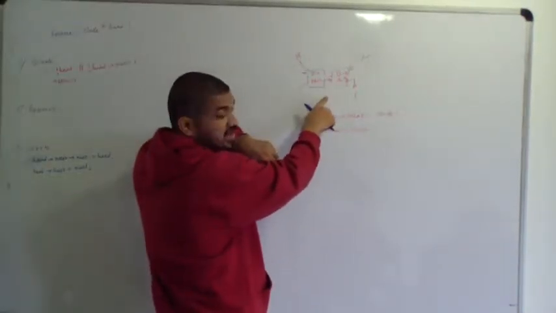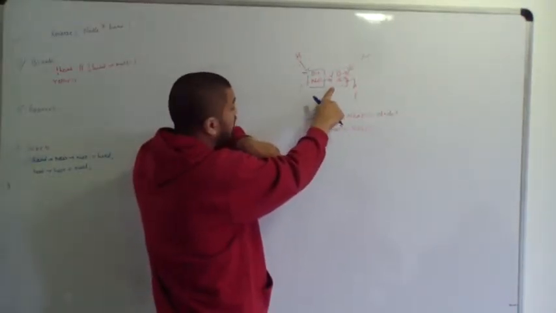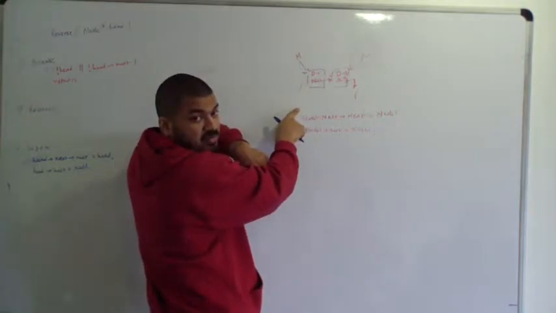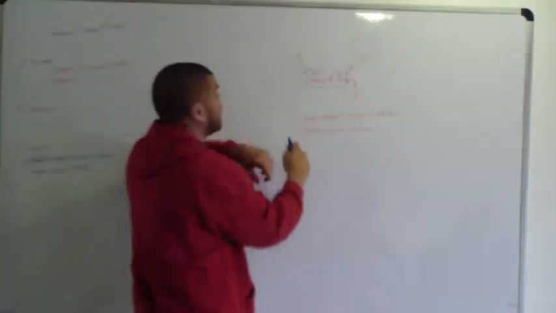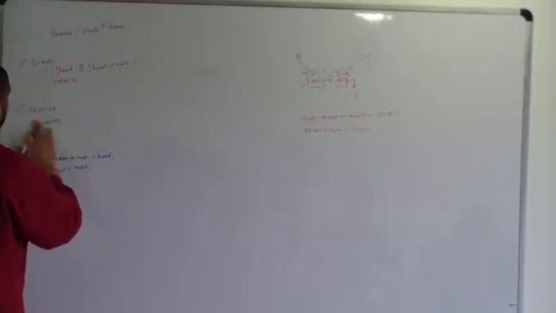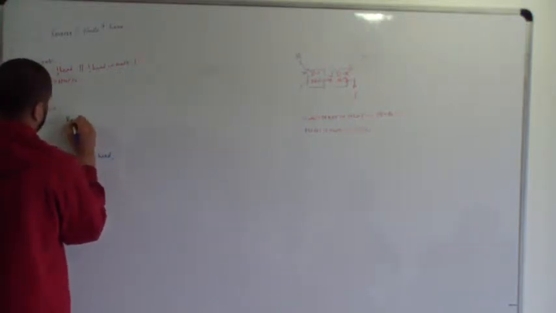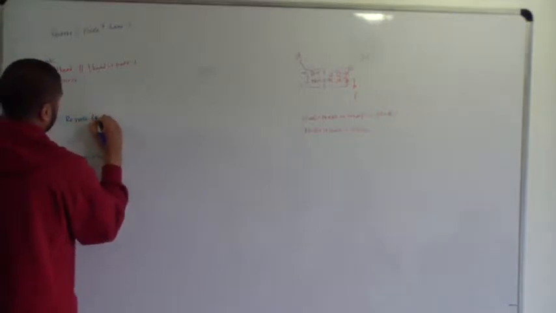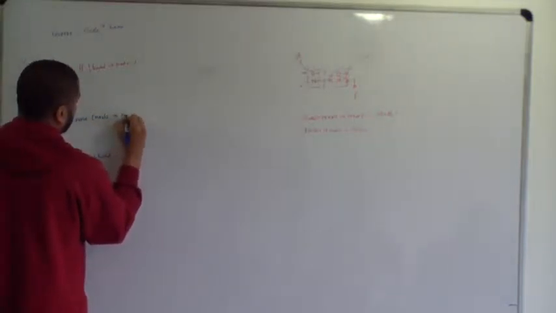Because then this will be pointing to null. I'll say don't point it to null, point it to this guy, I'll make it point to null. Okay? So I'll say reverse node next.